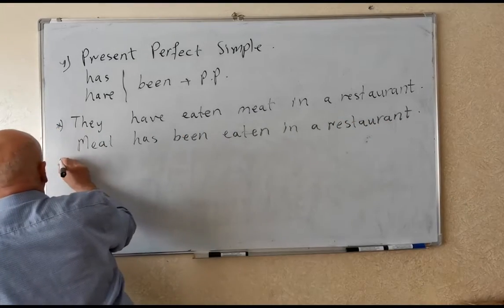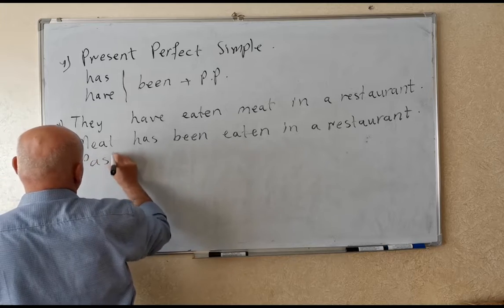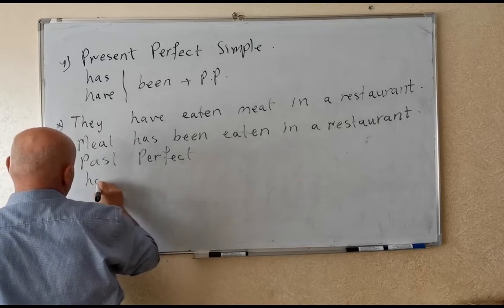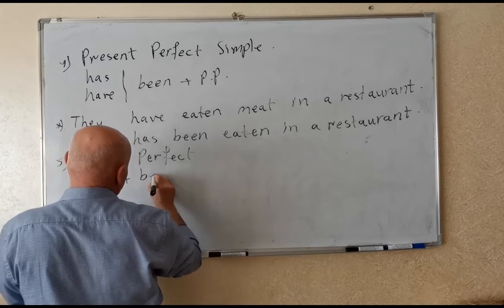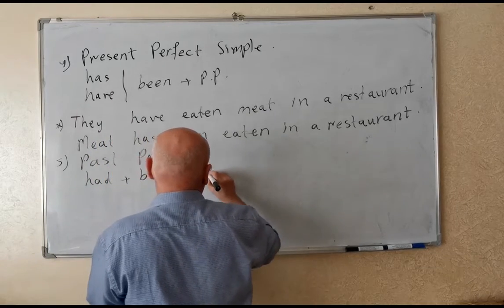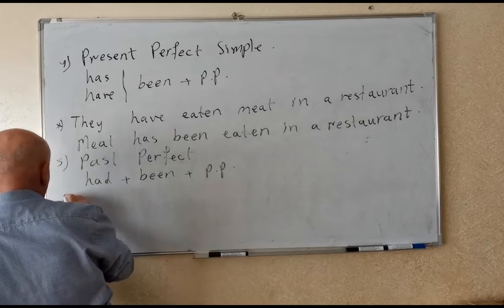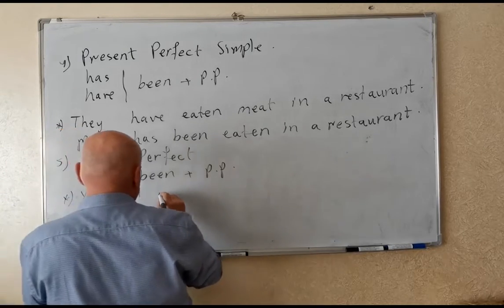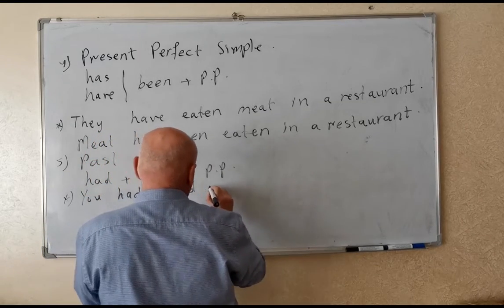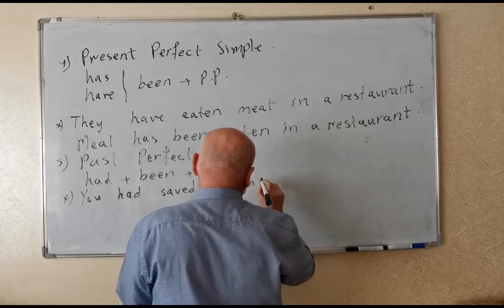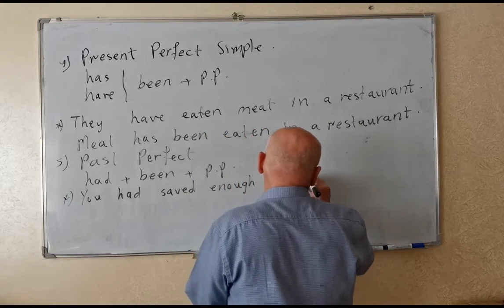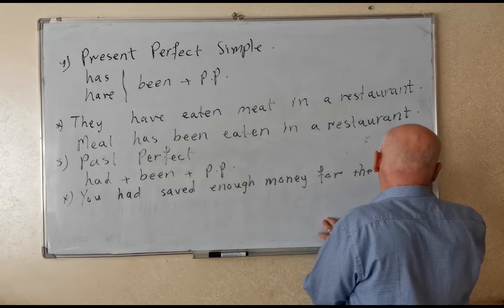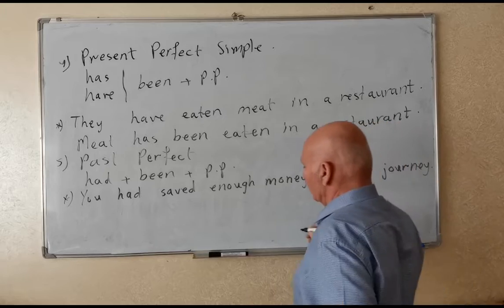Number 5, past perfect: had plus been plus past participle. An example: you had saved enough money for the journey. Where is the object?